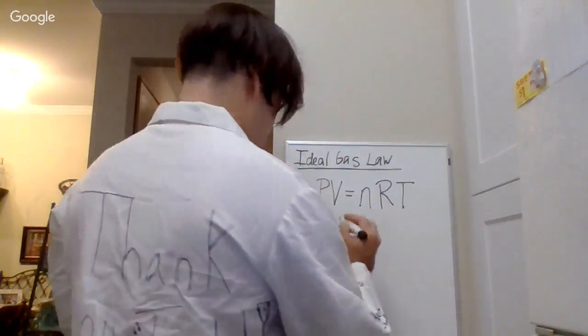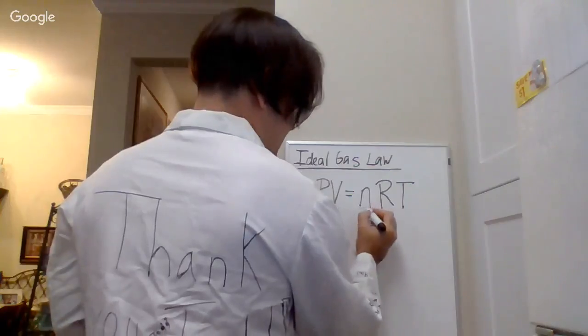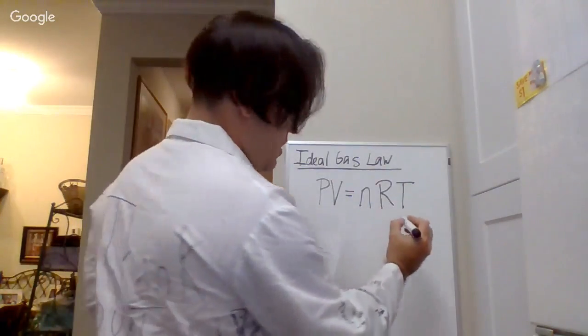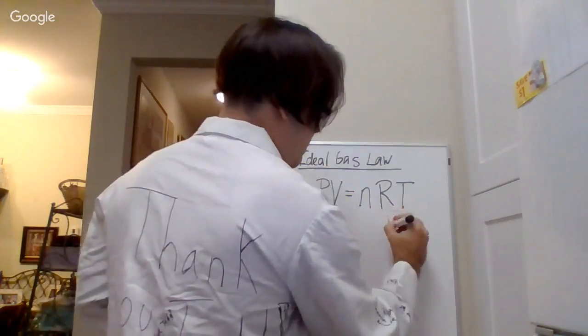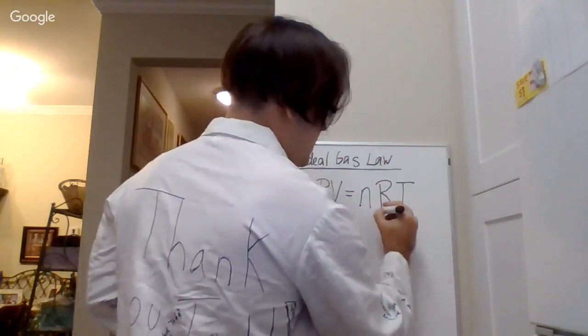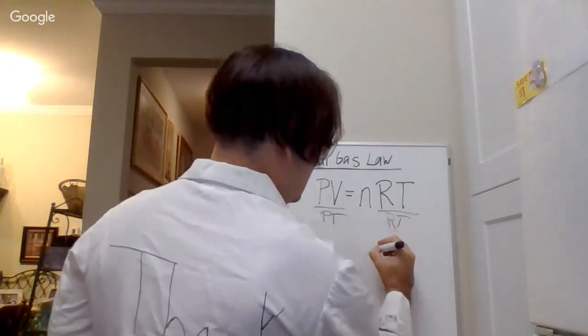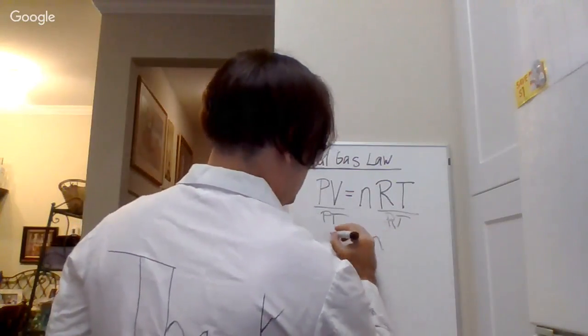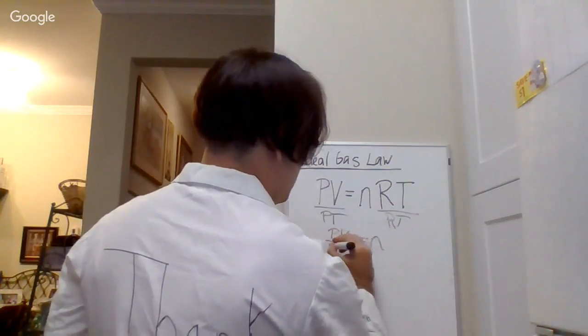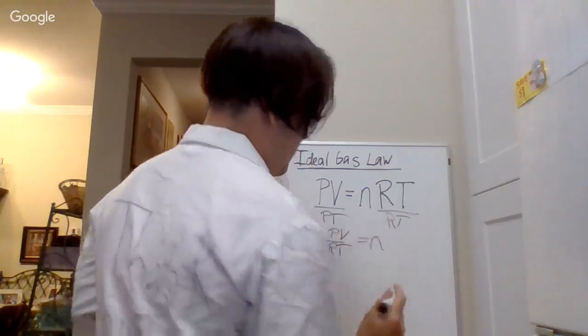In order to isolate the n, we need to divide by RT. So what we get is n equals PV over RT.